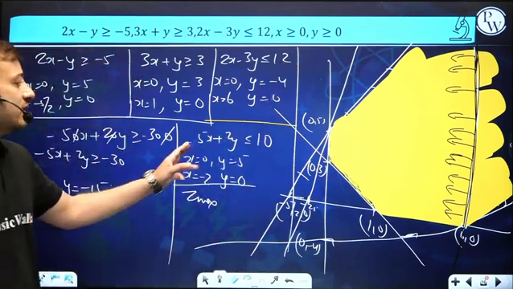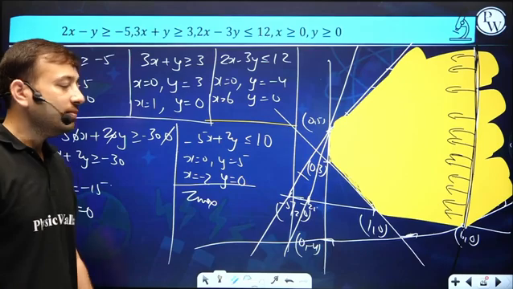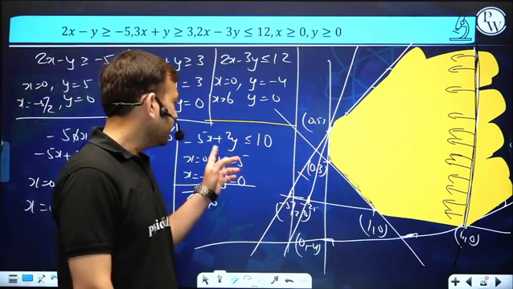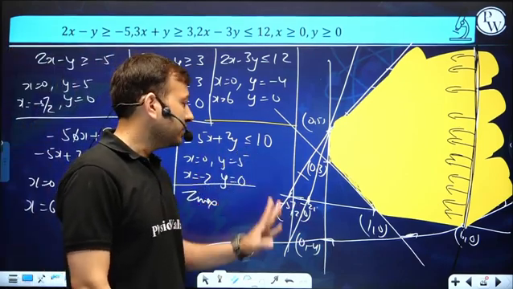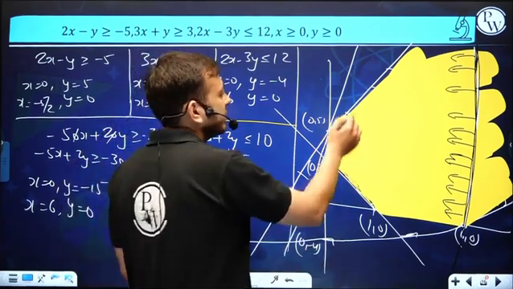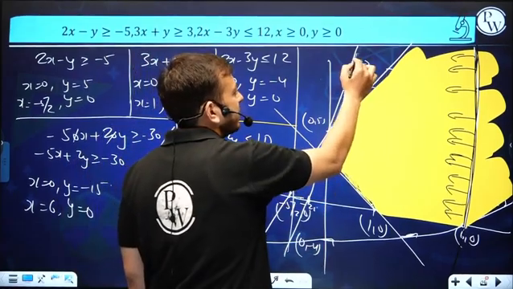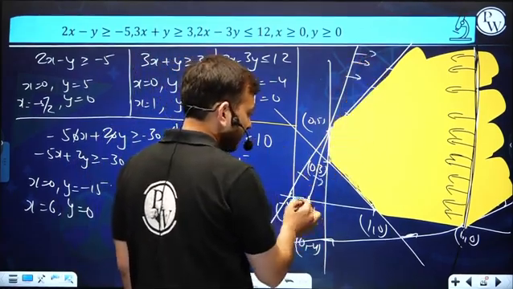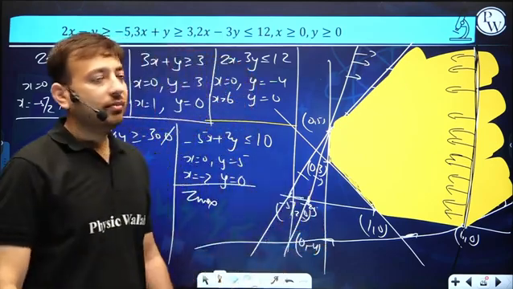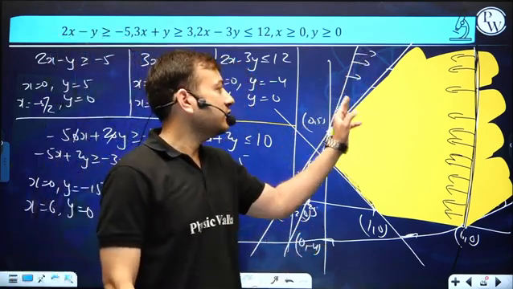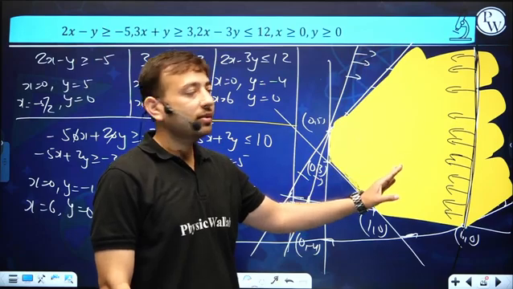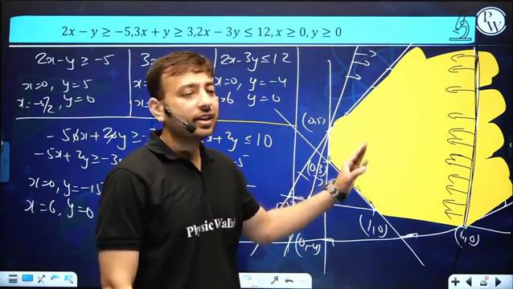Now put 0, 0. 0 is less than 10. Yes, so the region will come like this. You can see that it is not intersecting your region.